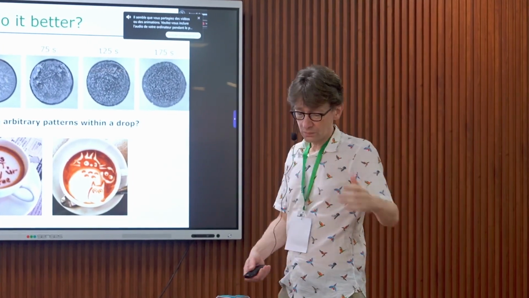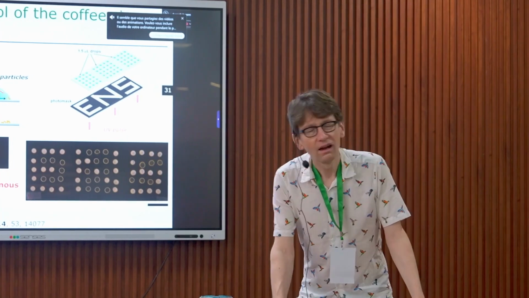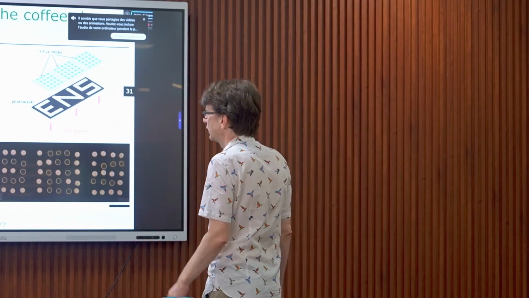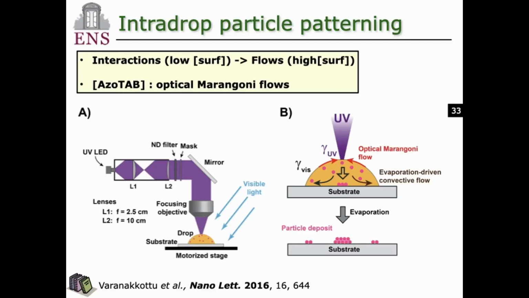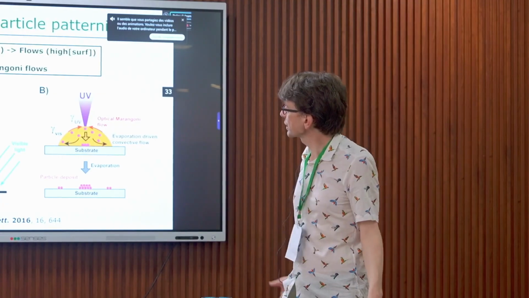So can we do some patterning inside the drop? Yes, we can, because Subramanian exists. He came to the lab many years ago, and we wanted to use light, in this case, not to use interactions.